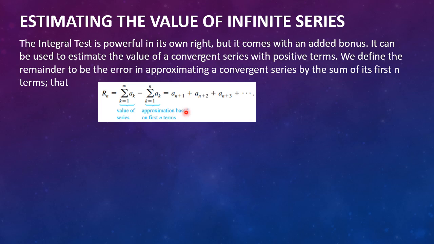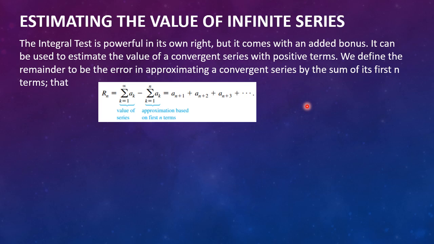And so what's happening here is you're getting a sub n plus 1, a sub n plus 2. You notice you're not starting at a sub n, because that first term is going to be subtracted out. Now I just show you this because this is what it's all built on.